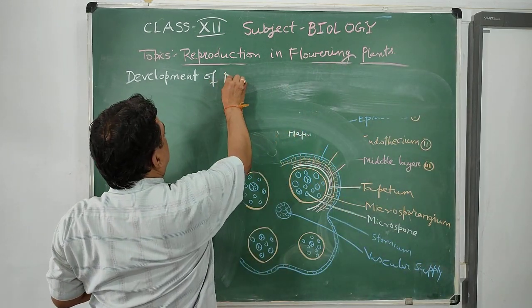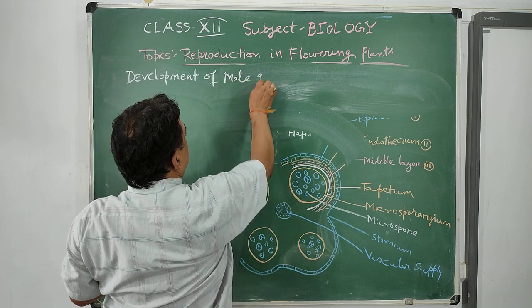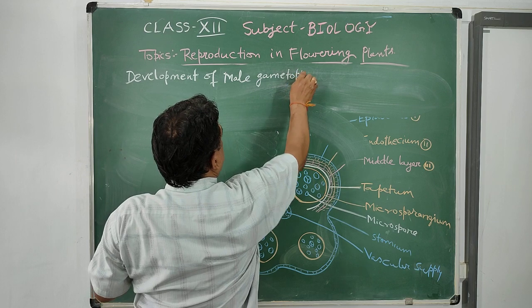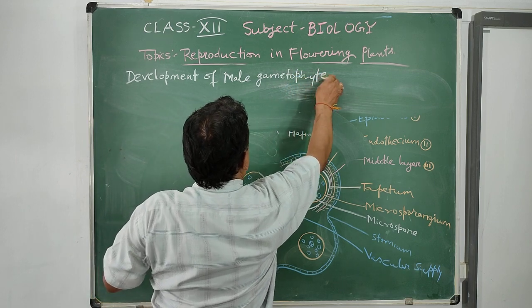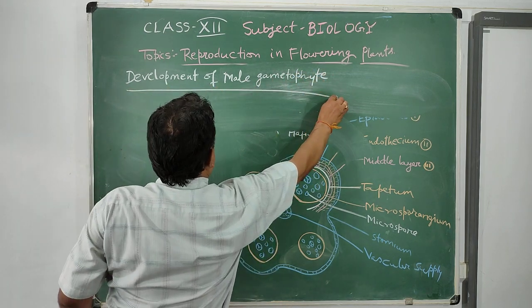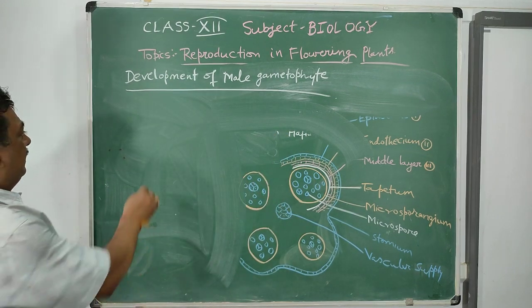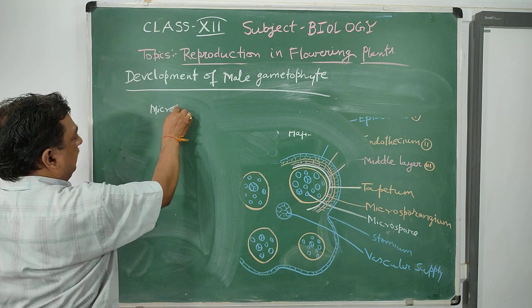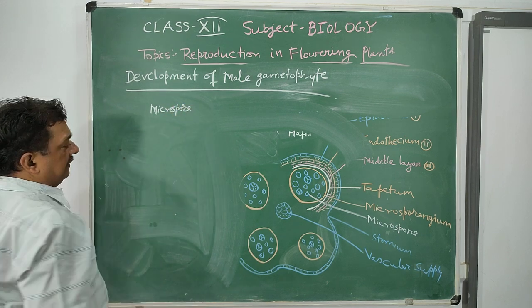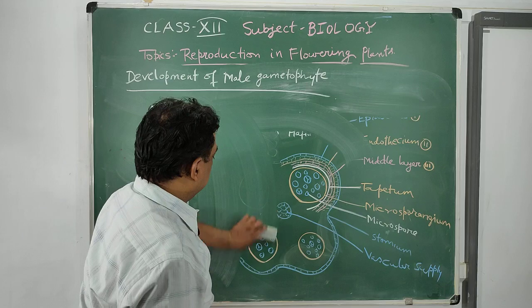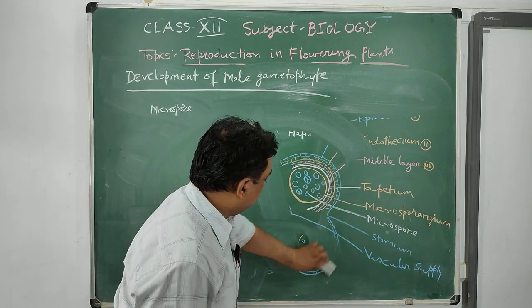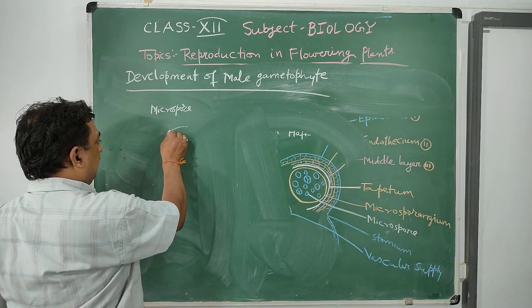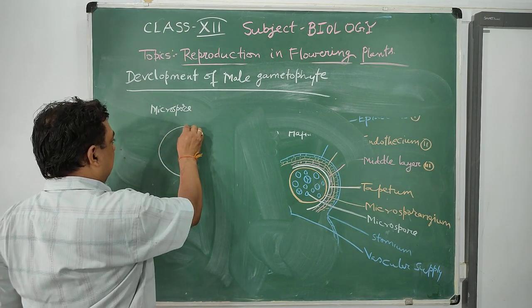The first cell of the male gametophyte is the microspore. Microspore germinates to form pollen grain. Pollen grain is a 2-layered structure.